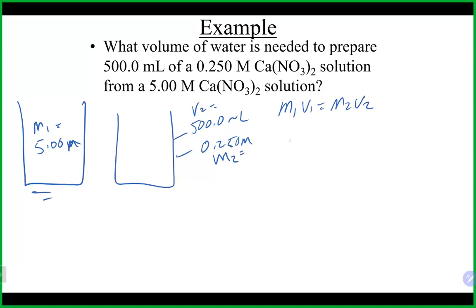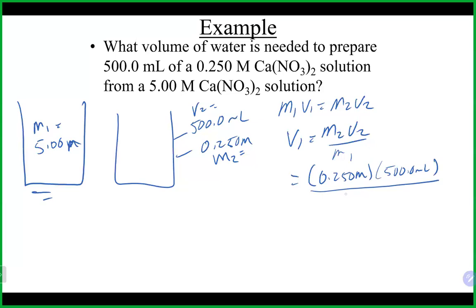So putting in here, we'll solve for V1 again, which is M2 V2 over M1. Taking 0.25 molar, 500 milliliters, divided by 5 molar. Molarity here will cancel. Again, I left my volume in milliliters, which is okay because I'm using this equation. In this case, it just means my answer will be in milliliters.